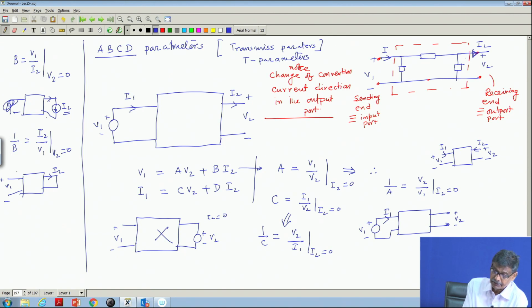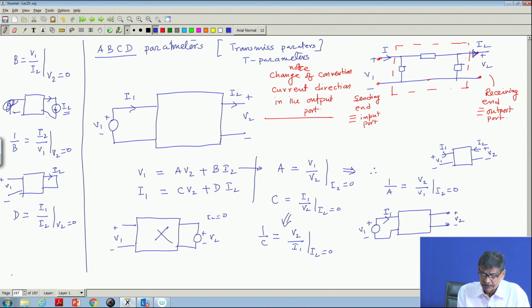Finally, the parameter D can be calculated in the same way. How to find out parameter D? The D parameter is equal to I 1 by I 2 with V 2 equal to 0.